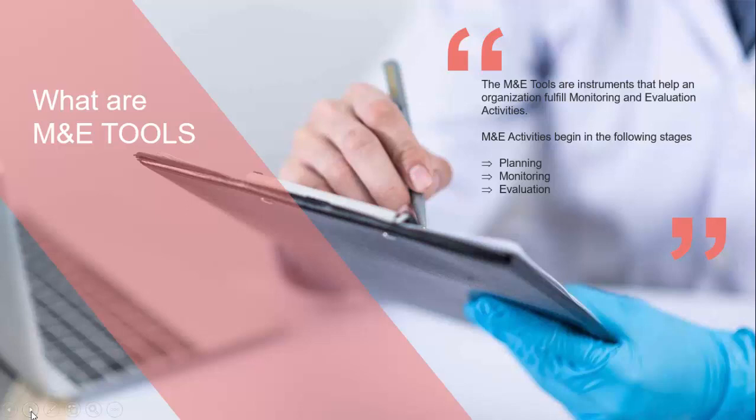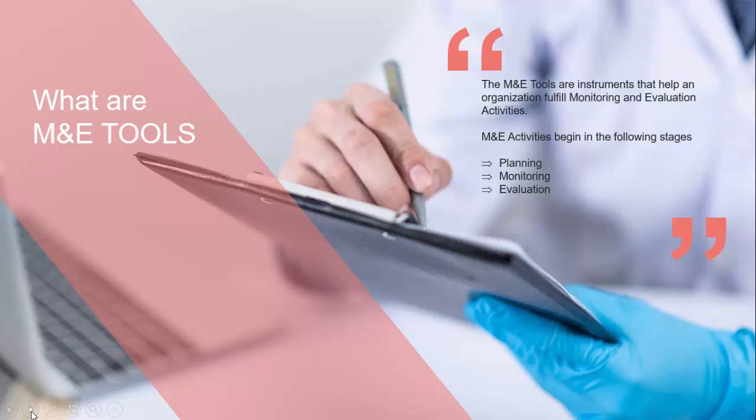Even us in the M&E world, or in the humanitarian or NGO world, or whatever you want to call it, for us to fulfill M&E functions, we need instruments. Those instruments are going to help us get the results that we want.